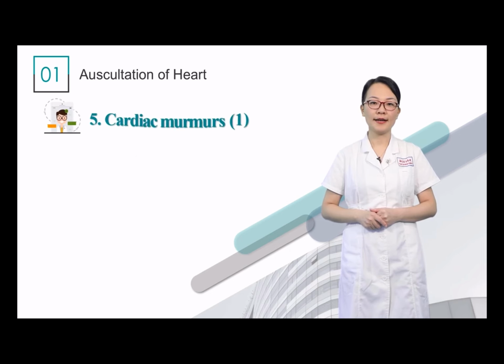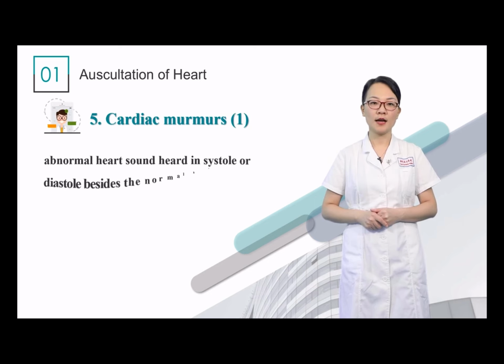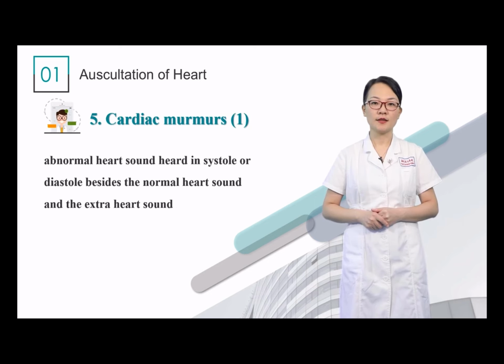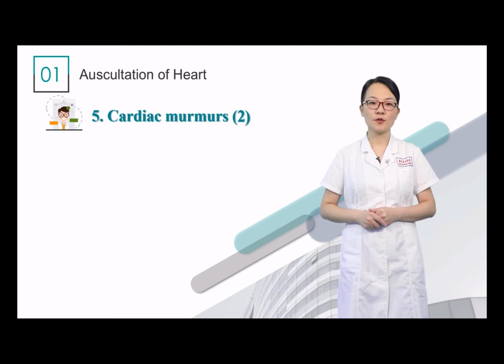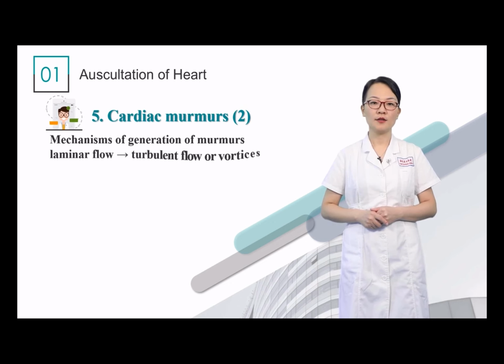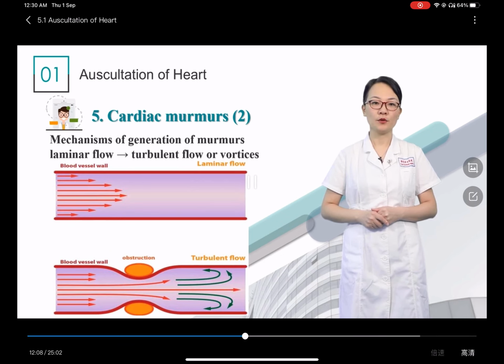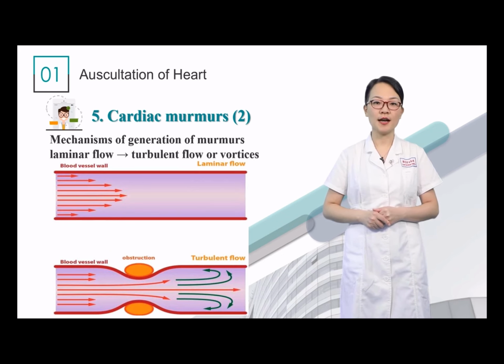As for cardiac murmurs, they are abnormal heart sounds heard in systole or diastole, besides the normal heart sound and the extra heart sound. This slide shows the mechanism of the heart murmurs. In normal vessels and heart chambers, blood flow presents a laminar flow that cannot produce sounds.